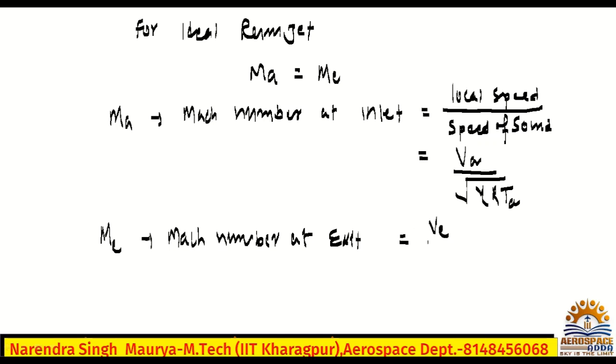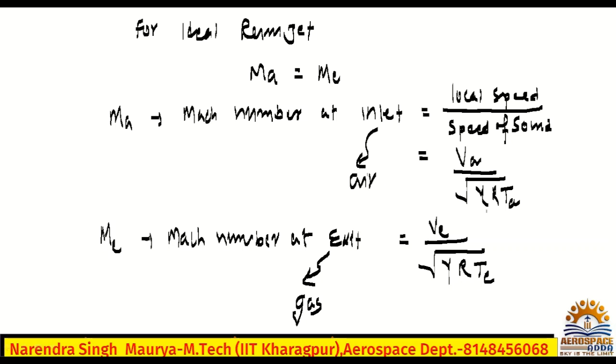It is exit velocity divided by speed of sound, which is root of gamma R T. Because it is exit, I will write exit. This is the air, because at exit we will have a gas. No? Exit is gas and inlet is what? Air. So gamma of the air we have to write, and gamma of the exit, which is gas, we have to write.